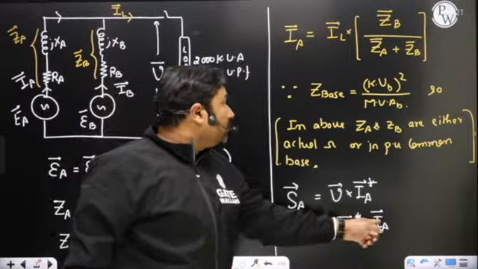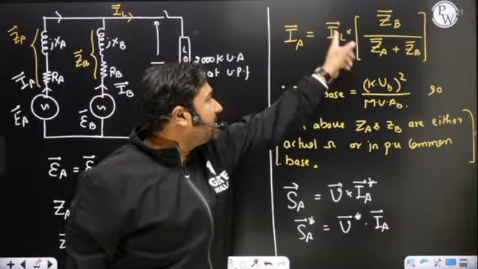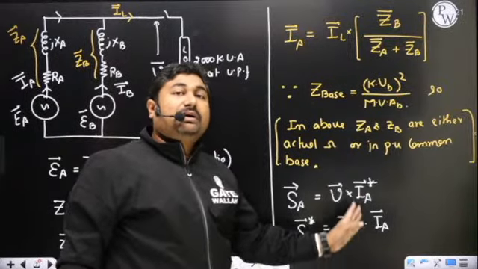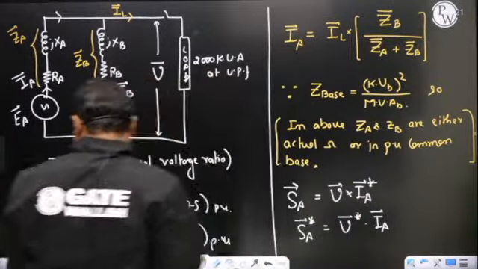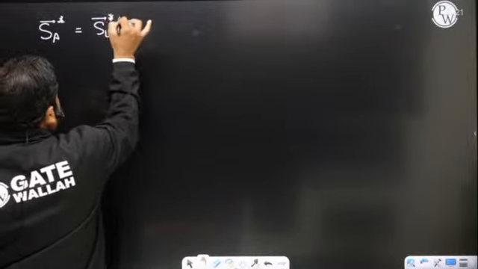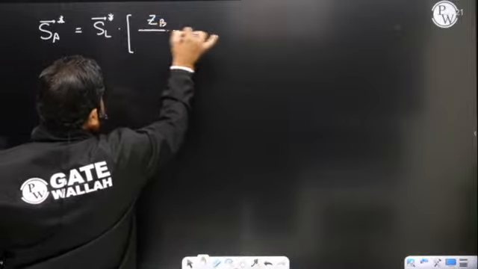V into IA can be represented as IL into ZB upon ZA plus ZB. V into IL is going to be SL. So you can write SL conjugate into ZB upon ZA plus ZB.